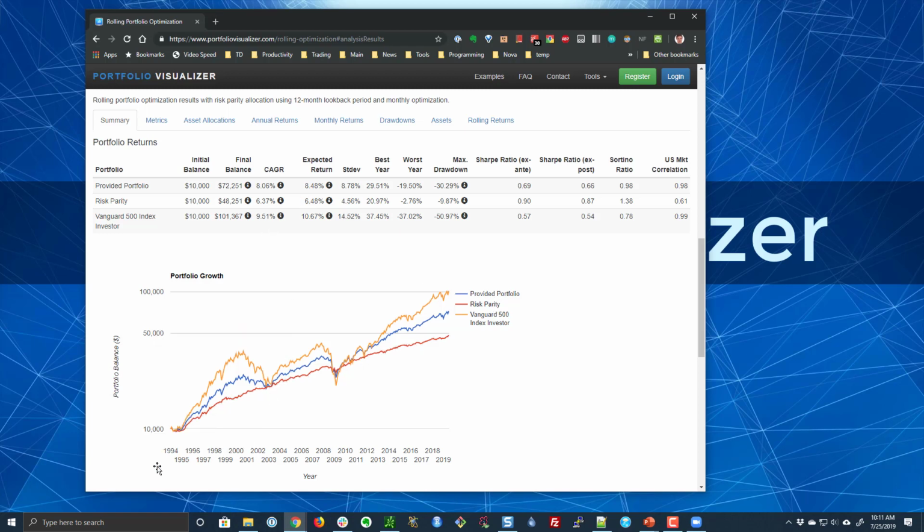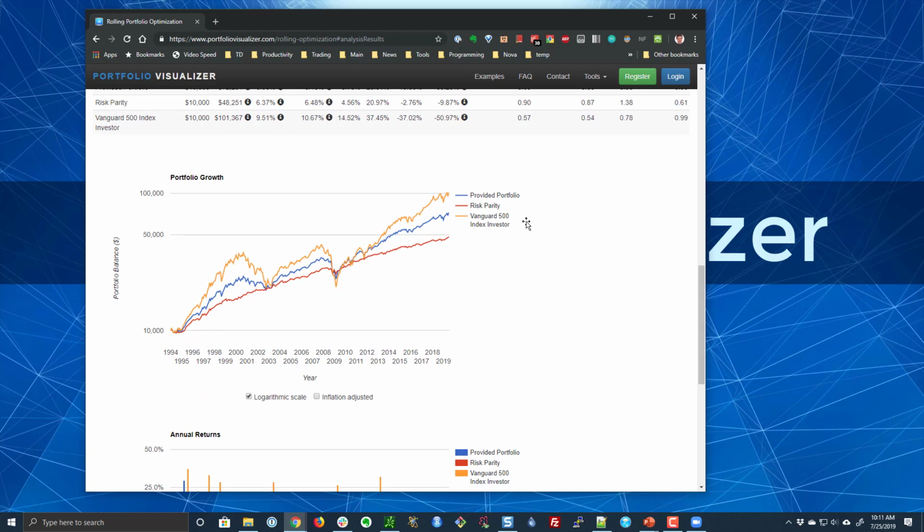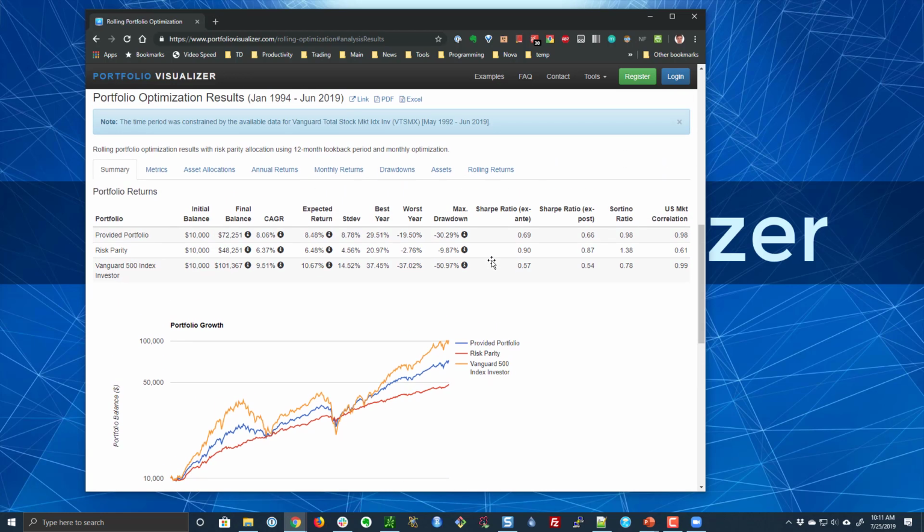Going back to 1994, that's a pretty decent look-back period, including major crashes. For a long-term portfolio, you've got a respectable return, with very nice risk-adjusted returns. You can just visually see it: a very flat line, nothing wild, and it looks decent.